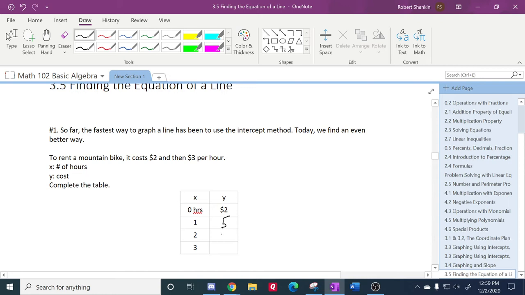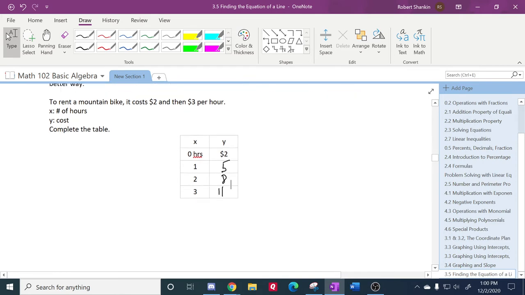If we keep with that progression, the next hour costs another $3, so it'll be 8. The next will cost another $3, that would be 11. If you rented it for a minute, they'd still charge you this $2, but otherwise it's by the hour.